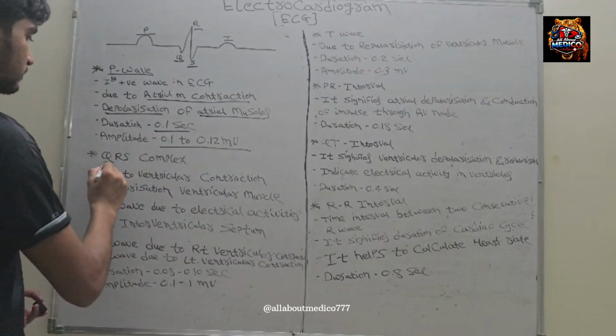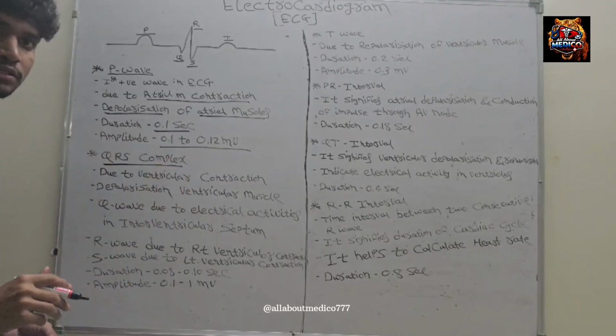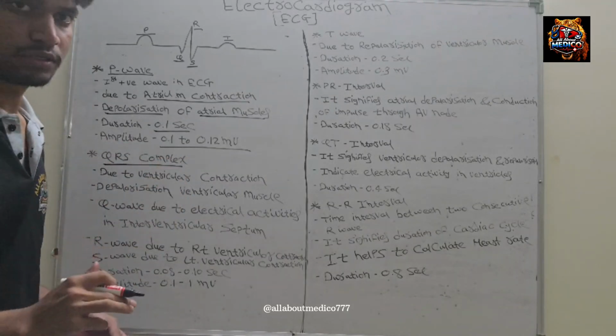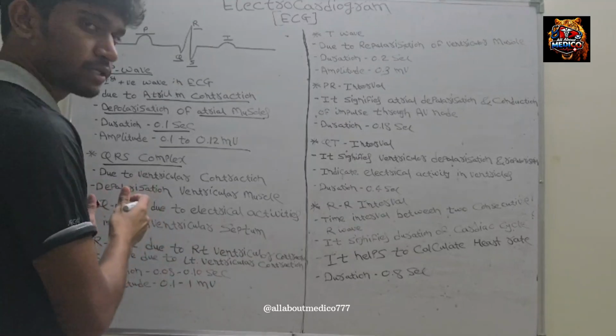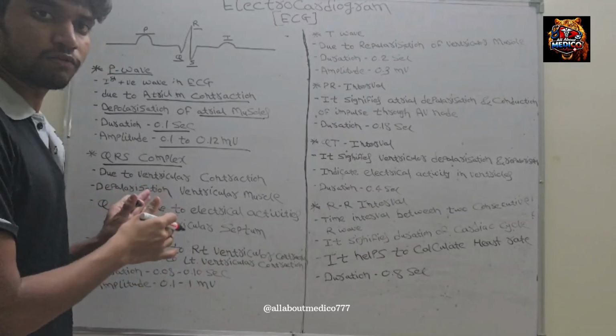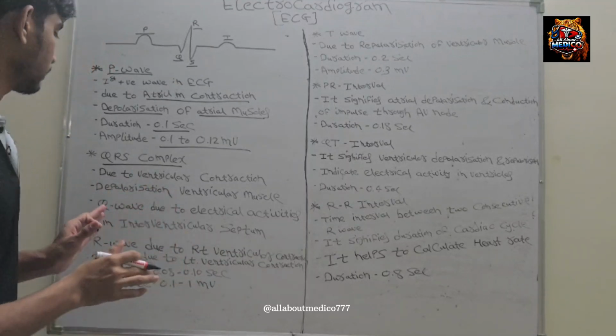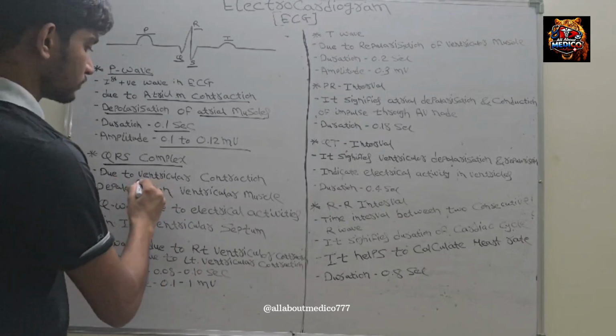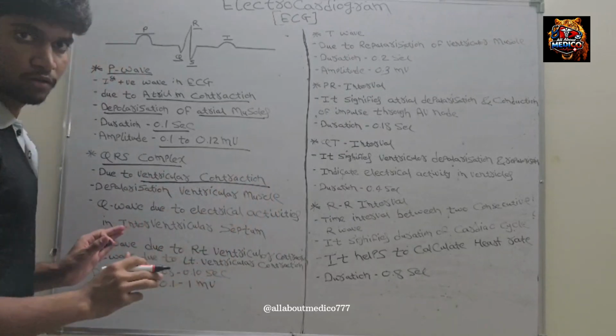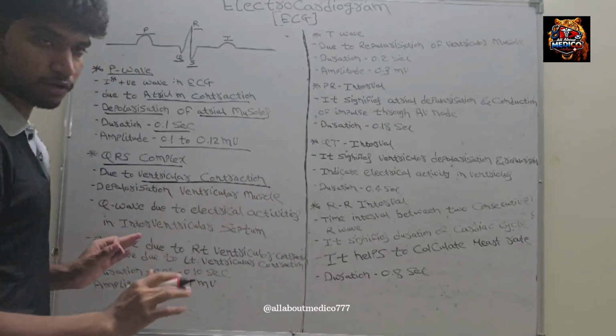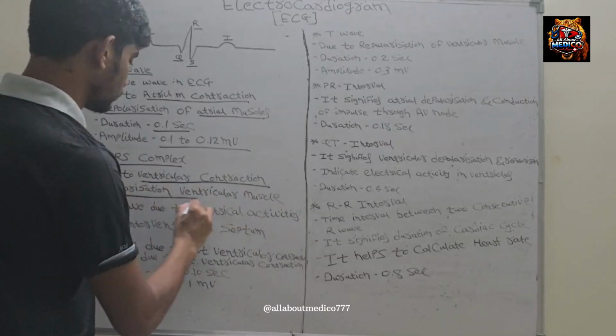Then the QRS complex. The QRS complex is depolarization of the ventricles, because of contraction of the right and left ventricles.